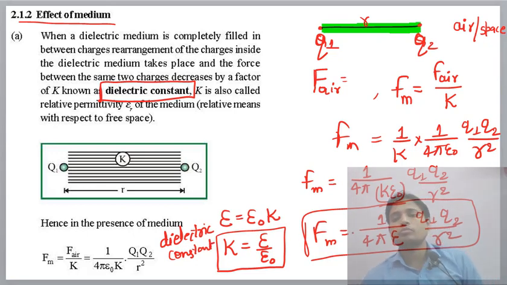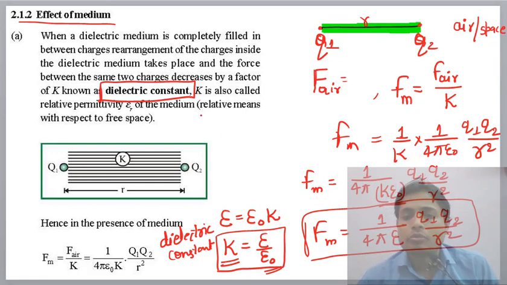Okay, means if a numerical is given to you, suppose that the numerical is asking, some medium is present between the charges and calculate the force of attraction between them, then it will give the value of K in the question, and epsilon naught you are knowing the value, so you can calculate the value of epsilon. You will put it here and do the calculation.